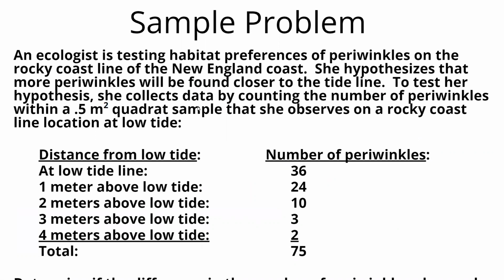To test her hypothesis, she collects data by counting the number of periwinkles within the sample area that she observes on a rocky coastline. So these are the numbers, and we are going to do this calculation. So I want you to try it first, and then we'll talk through it.